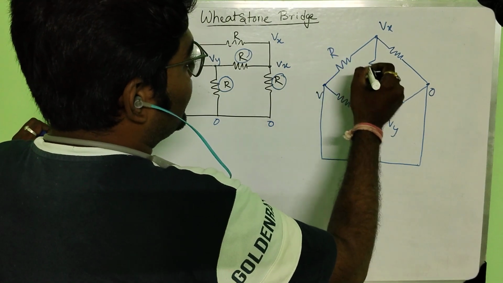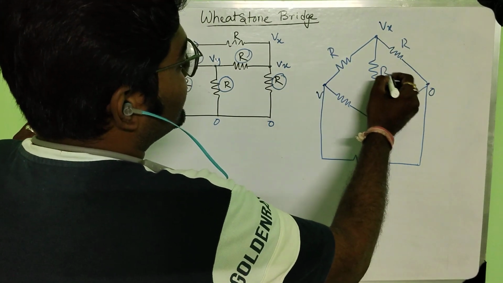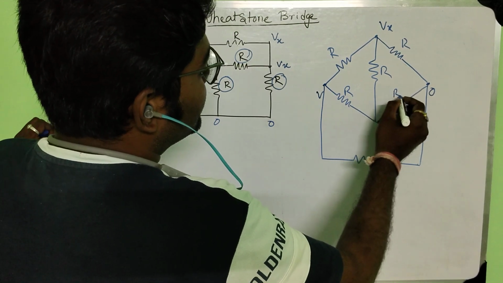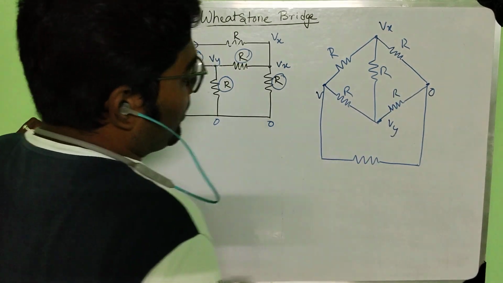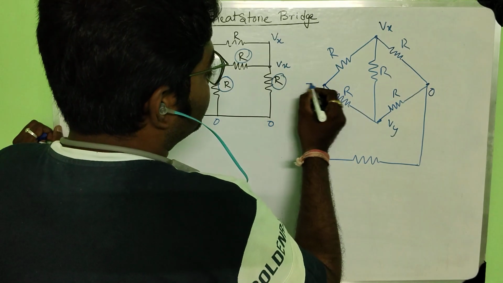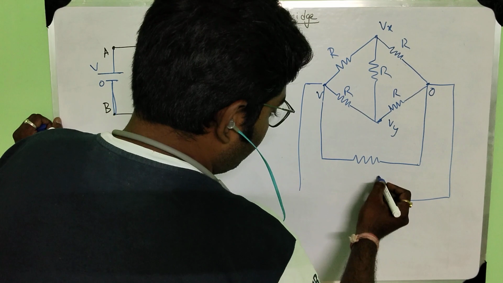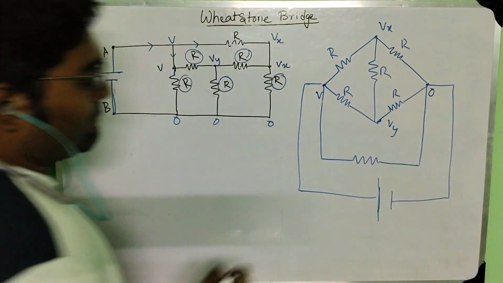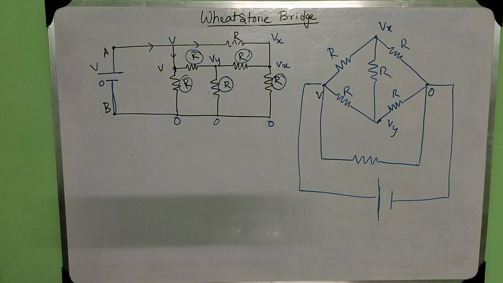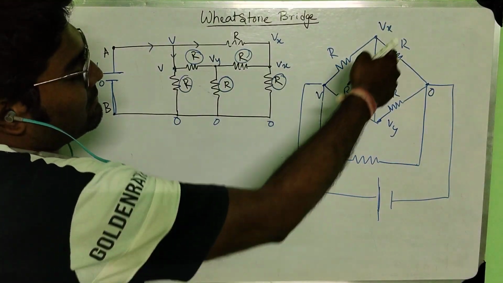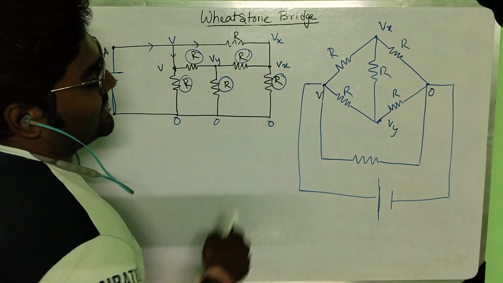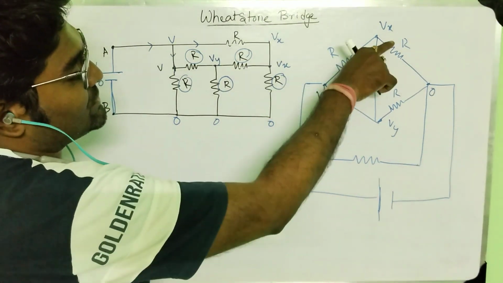So this is also looking like a Wheatstone bridge circuit. Here also the Wheatstone bridge balancing condition is satisfied, that means R1 by R2 equals R3 by R4.